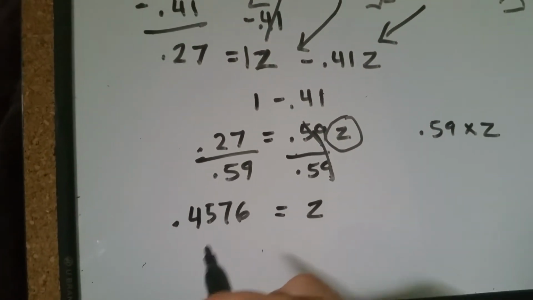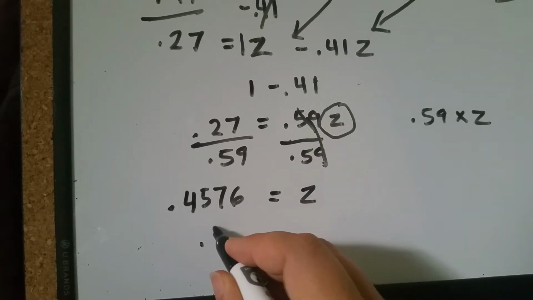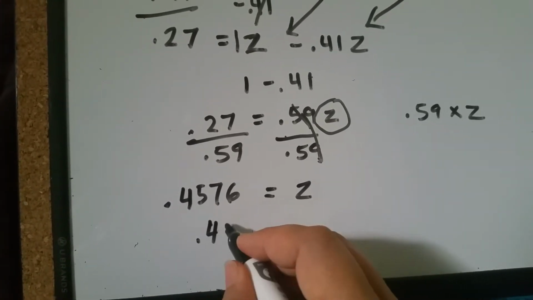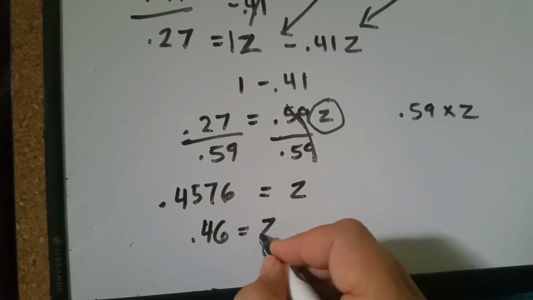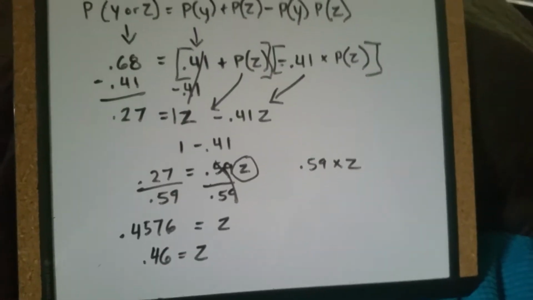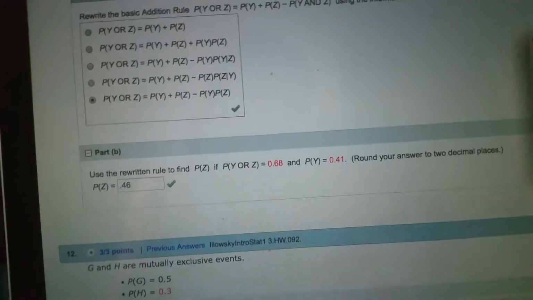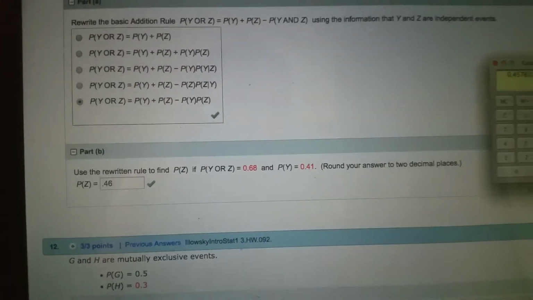And it says it wants us to round to the nearest 2 decimals. So we're going to say it's 0.46. Okay, so that whole process right there just to get that one answer. Okay, so we type in 0.46 and then we're done with that one.